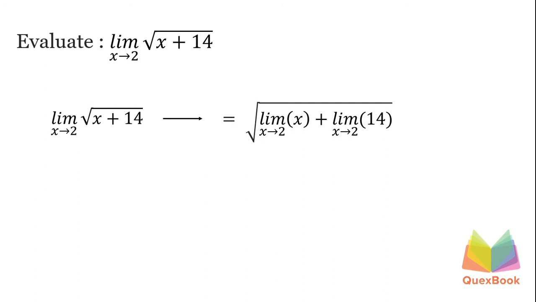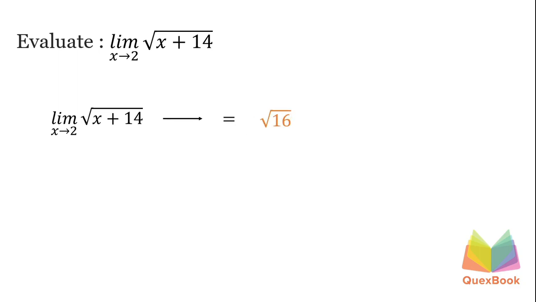So we will be having the limit of x as x approaches 2 plus the limit of 14 as x approaches 2. Evaluating the limit of x as x approaches 2 is 2, while the limit of 14 as x approaches 2 is 14. Now, adding up 14 and 2, we will be having 16. Applying now the root, the square root of 16 is 4. Therefore, the limit of this function is 4.